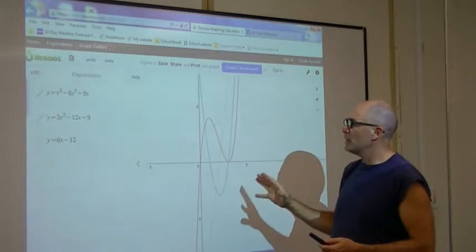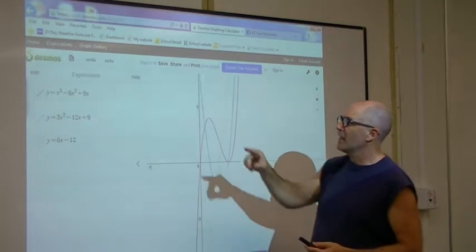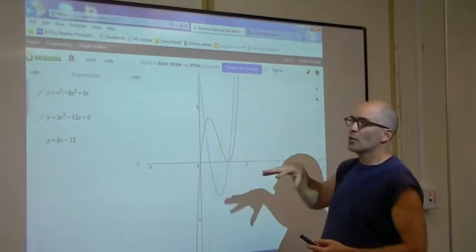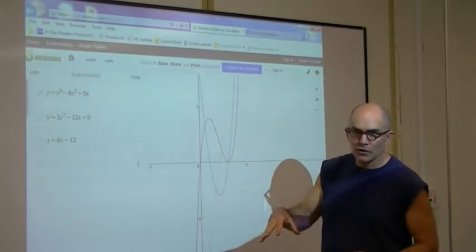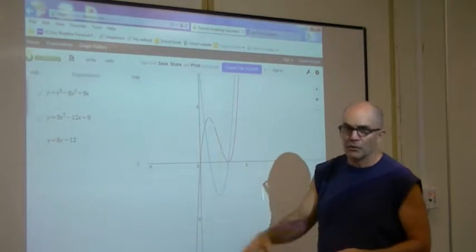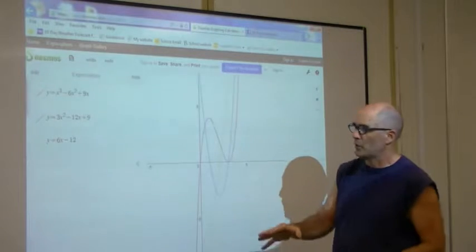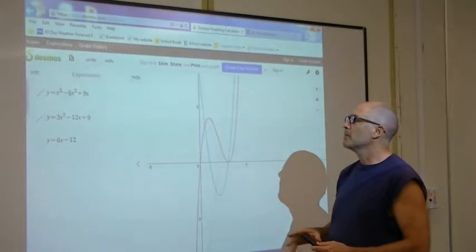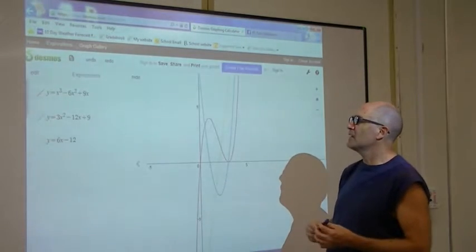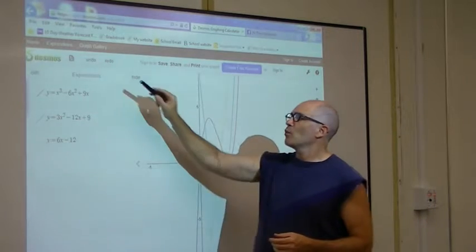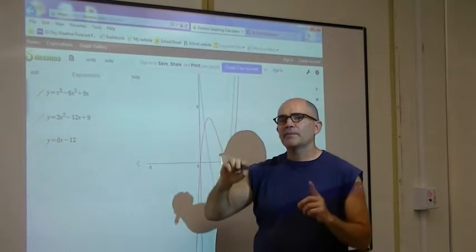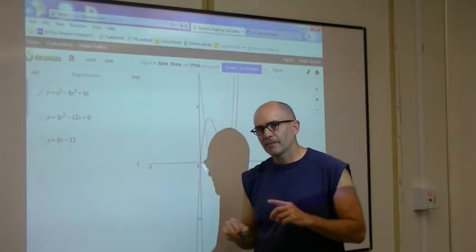And what you have to do is decide which one is the original function, which one's the derivative of the original, which one's the second derivative of the original, which one's the third derivative of the original. And remember, first thing to think of is the original function will always be the one with the greatest degree.